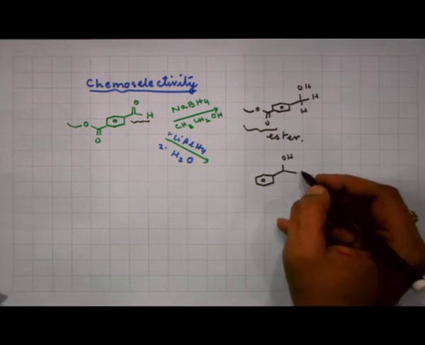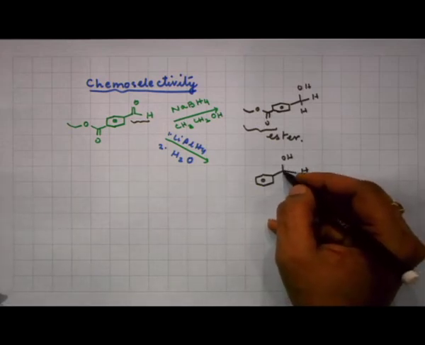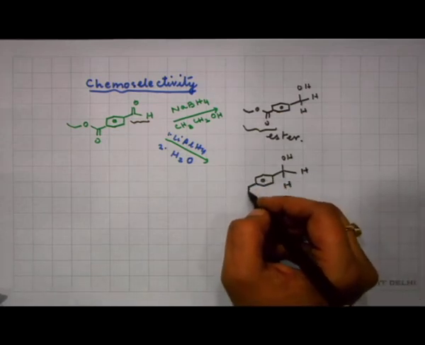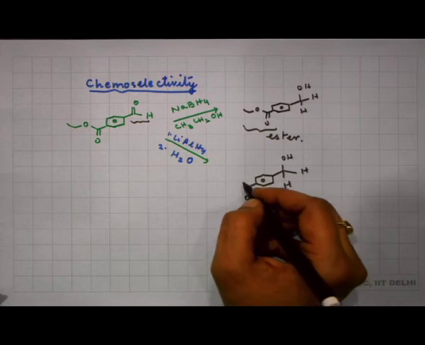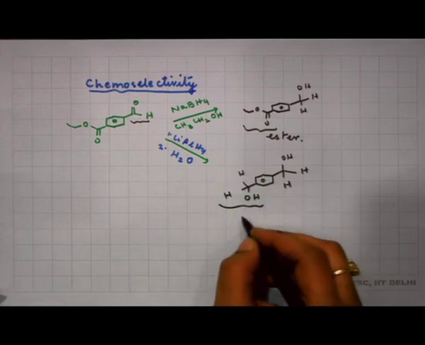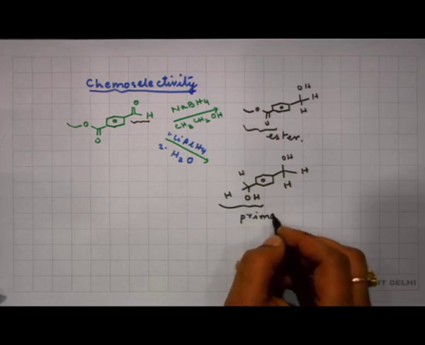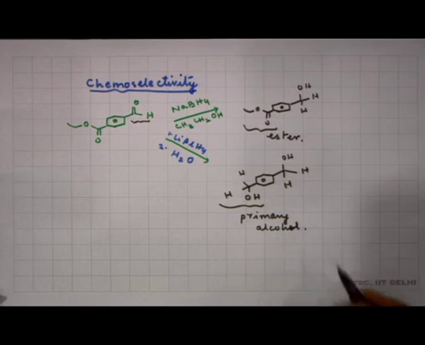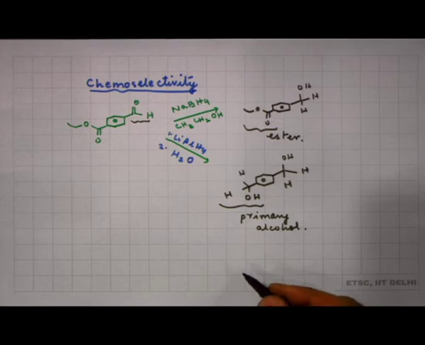So, it cannot be stopped at the reduction of the aldehydic carbonyl. The reaction also reduces the ester functionality which is available in the molecule, and you get here a primary alcohol generated from the ester, and we just saw the mechanism of reduction of ester with lithium aluminum hydride. So, this is the kind of chemoselectivity which resides in the reduction of LAH versus sodium borohydride.